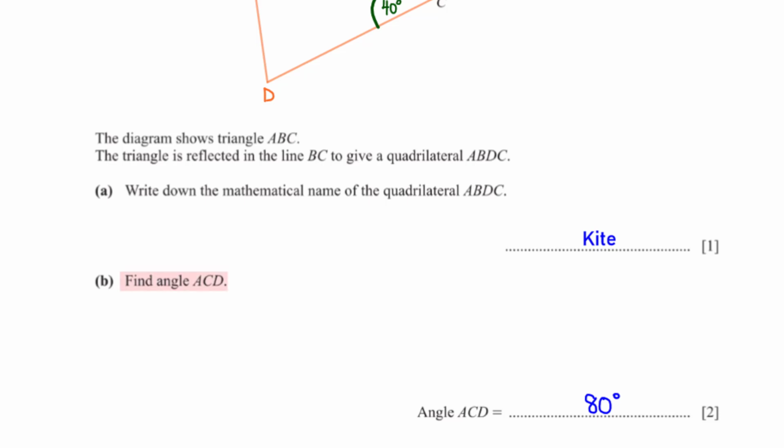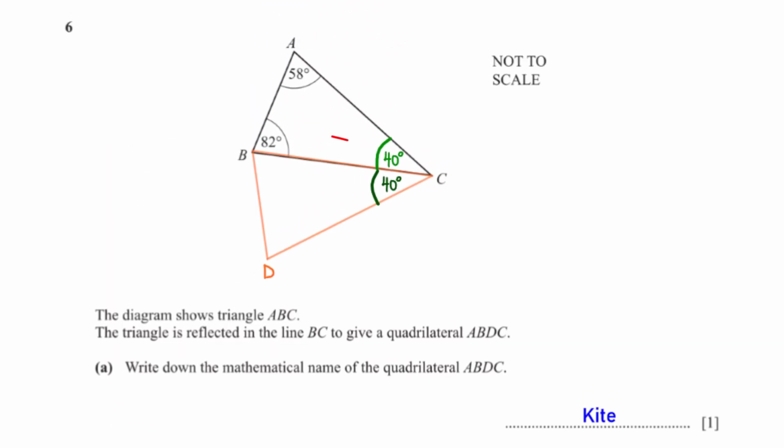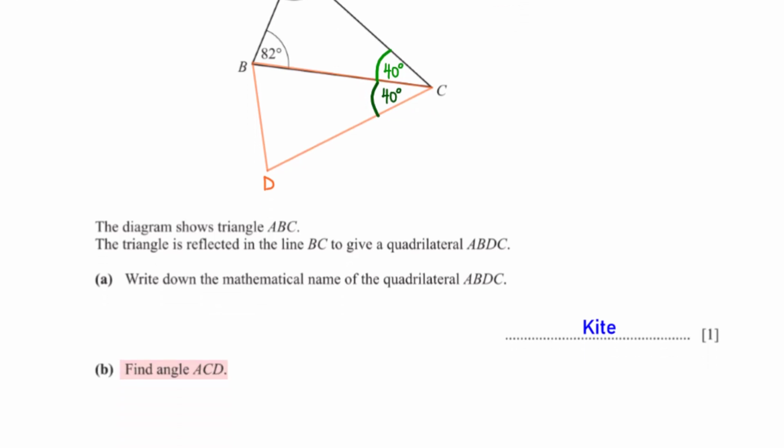Find angle ACD. We get this angle by subtracting the sum of 58 degrees and 82 degrees from 180 degrees, which gives us 40 degrees. If this is 40 degrees, then this angle is also 40 degrees, and so angle ACD is 2 times 40 degrees, which is 80 degrees.